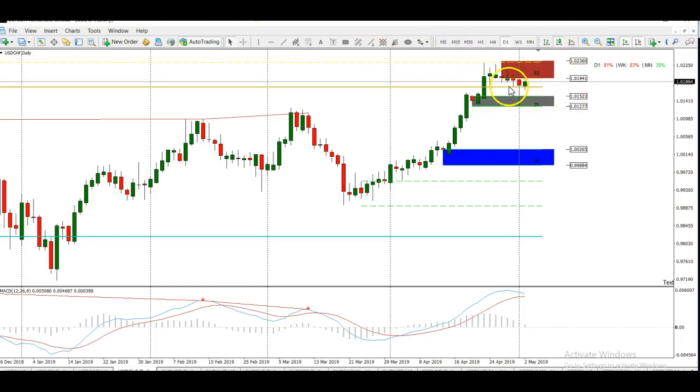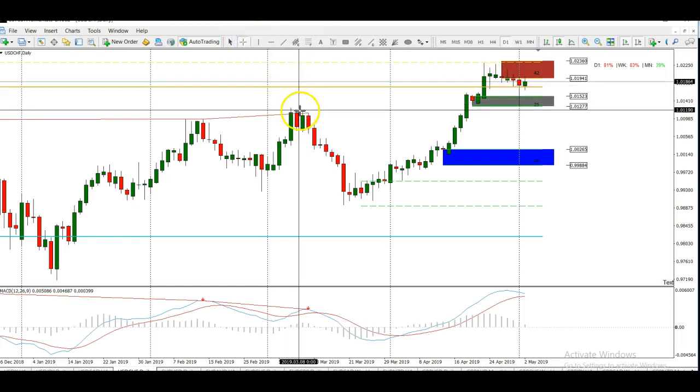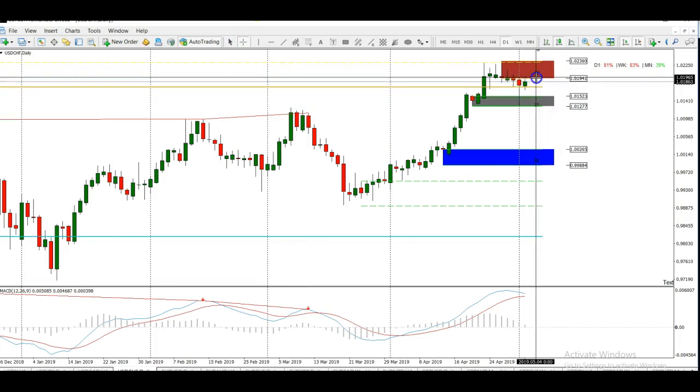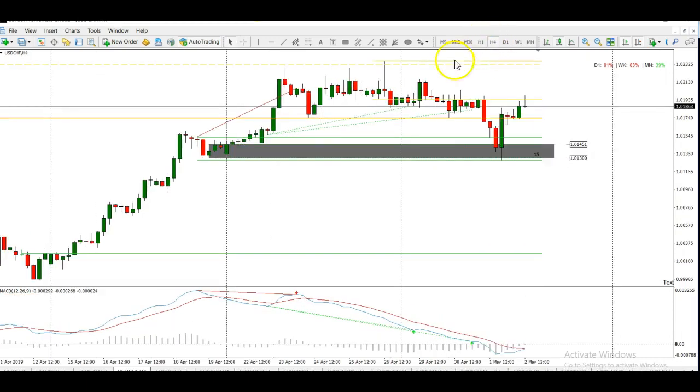So this was a sell trade we were in. The first easy target was hit for a short, and now it's possibly lining up for a test of the area that broke the trend for a move back down. So it's a good trading setup. It's actually happened now, it's a trade that I'm in.